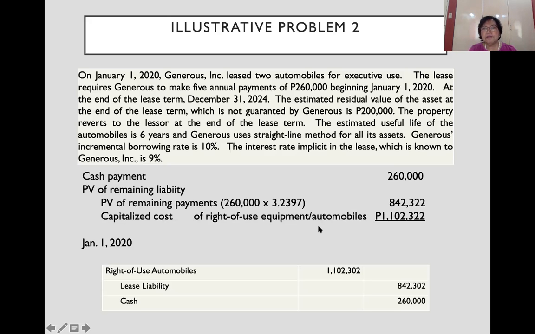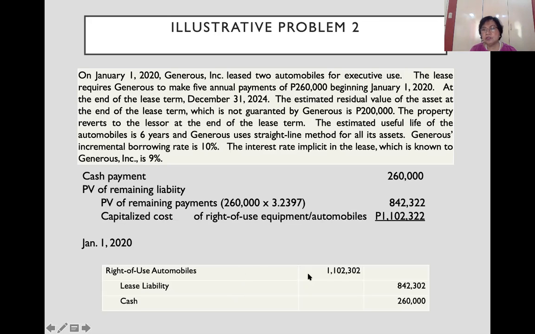Okay, therefore, the capitalized cost of the right-of-use automobile is now revised to only 1,102,322. And the present value of the lease liability is limited only to the present value of 4 more periodic payments of the rental. Therefore, our entry at commencement is revised.